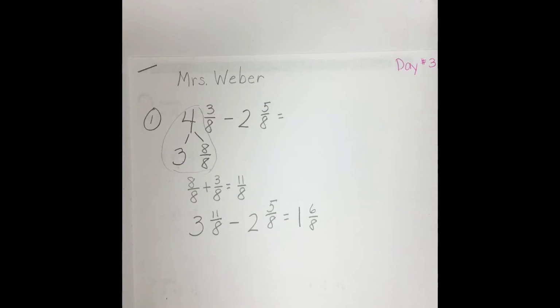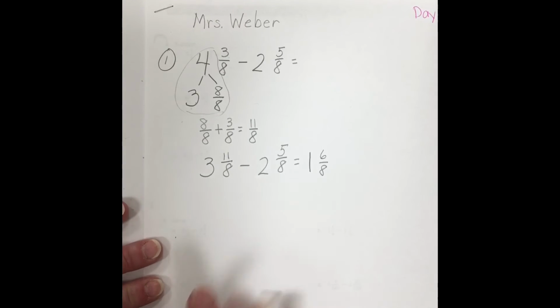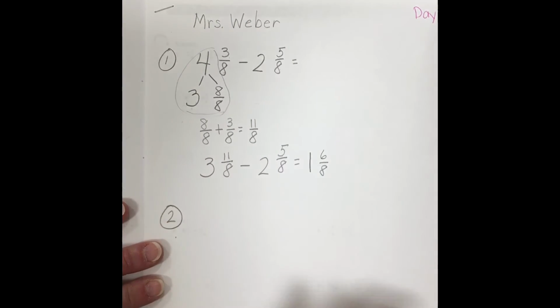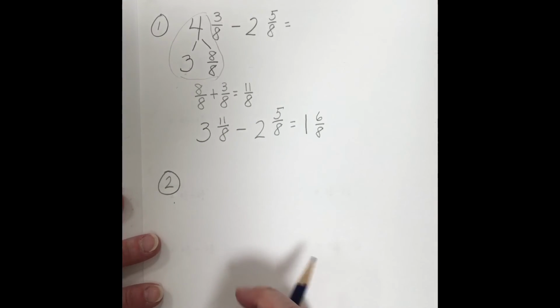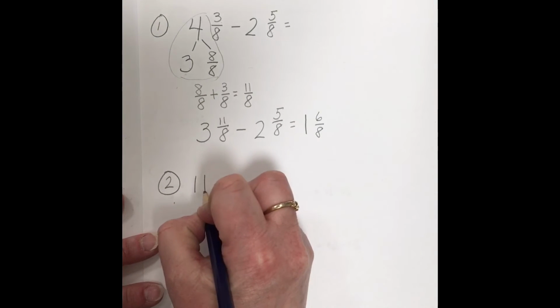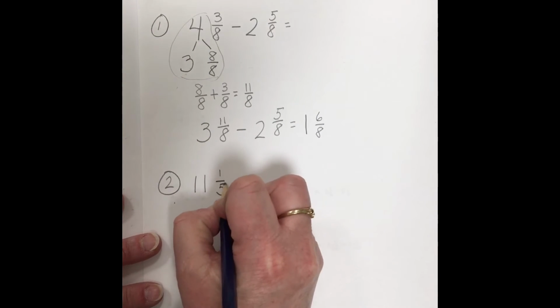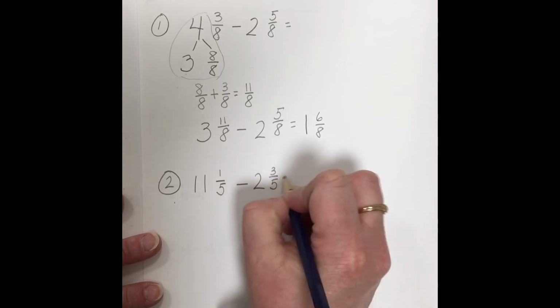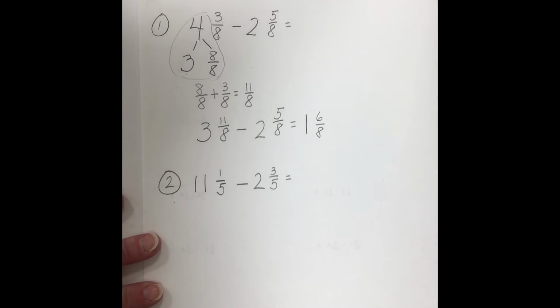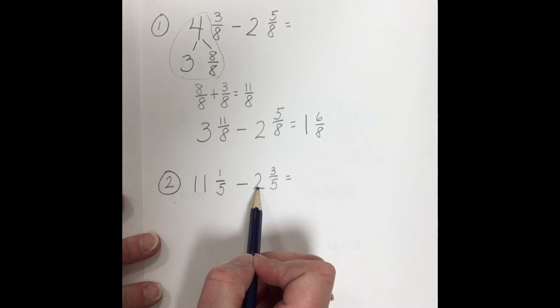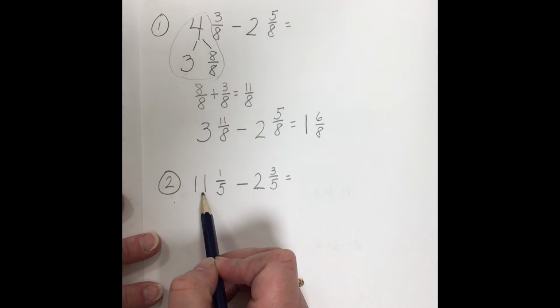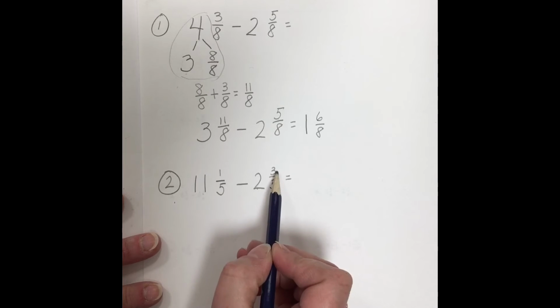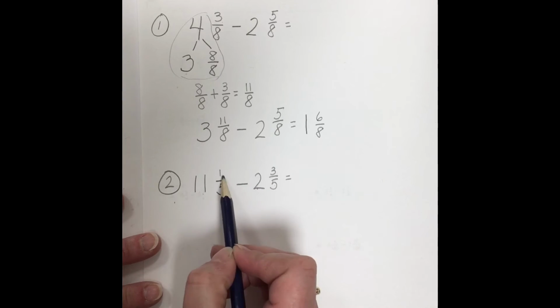All right, let's try another one. Problem number 2. We've got 11 1/5 minus 2 3/5. When you look, we have enough ones to subtract 2 from, but we don't have enough fifths to subtract 3 from.